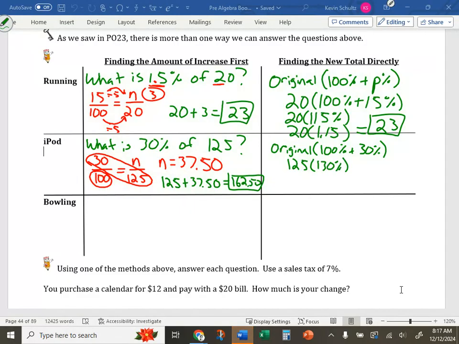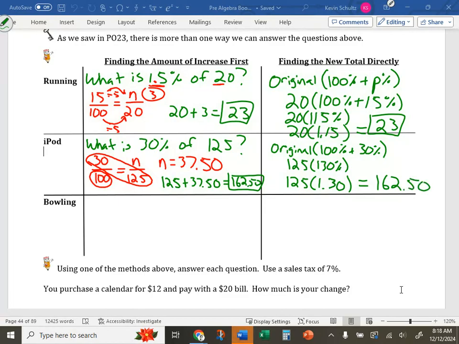How are you going to multiply that in a calculator? 125 times 130%. Yeah, 125 times 1.3 or 1.30. And guess what you're going to get? $162.50, exactly.